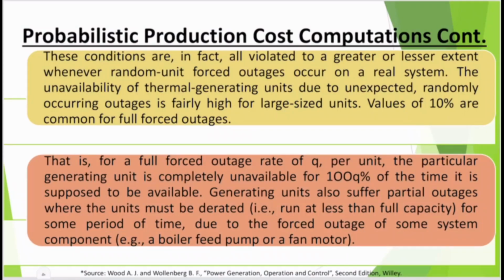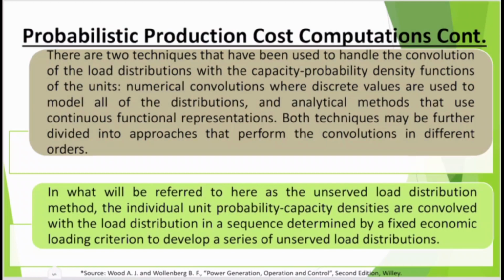And for some period of time, due to forced outages of some systems or components, maybe a boiler feed pump or a fan motor, there are two techniques that have been used to handle the convolution of the load distributions with the capacity probability density functions of the units.